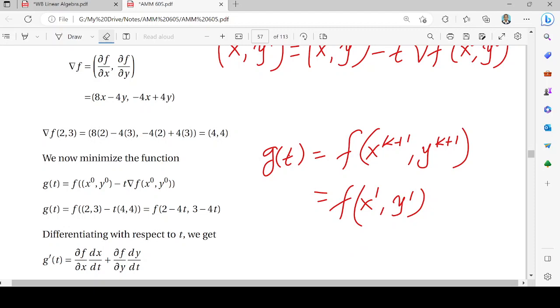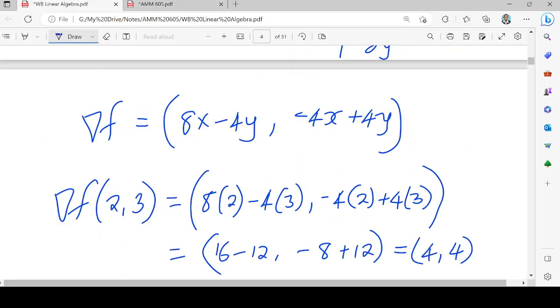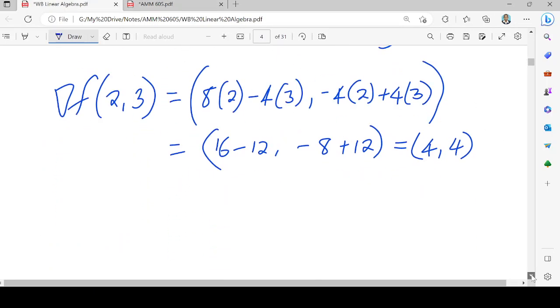When we write x1, let me write it on a fresh page here.